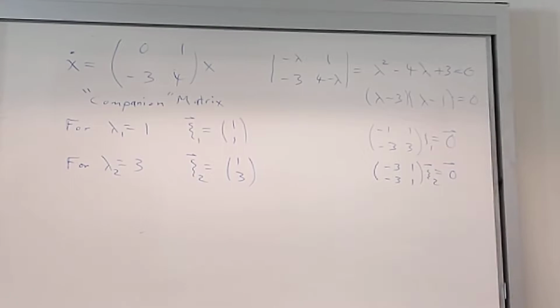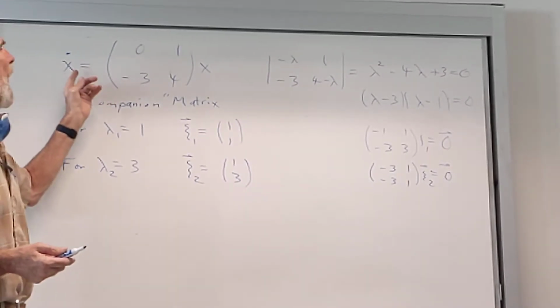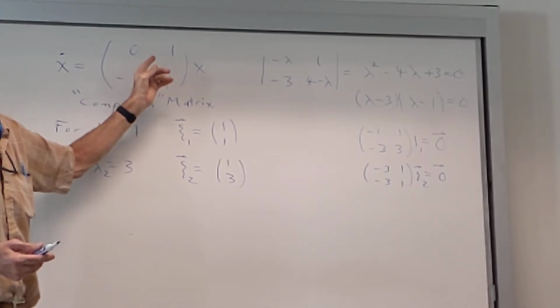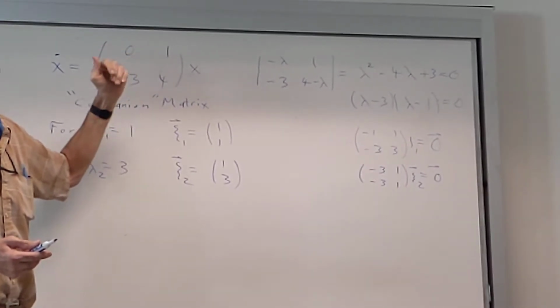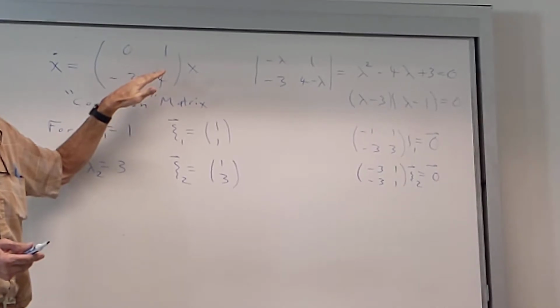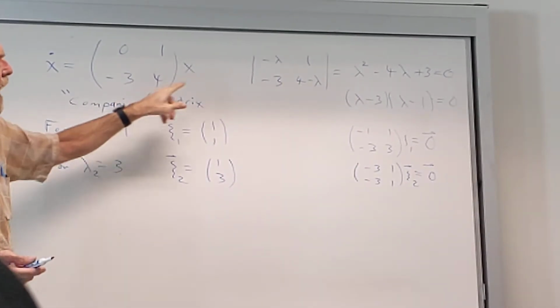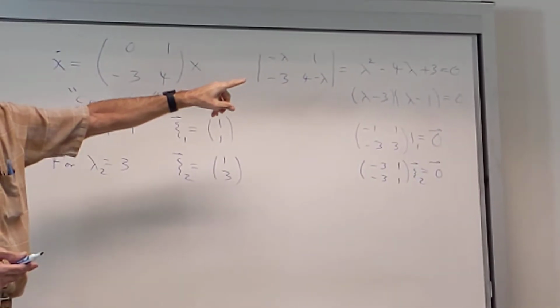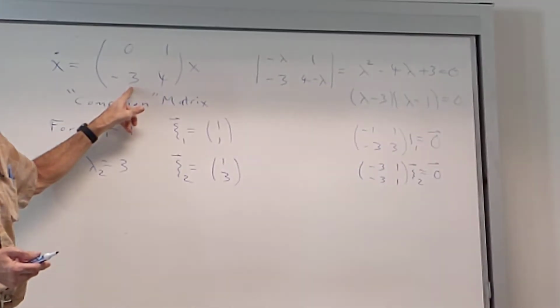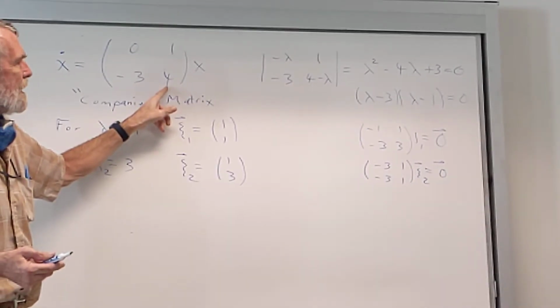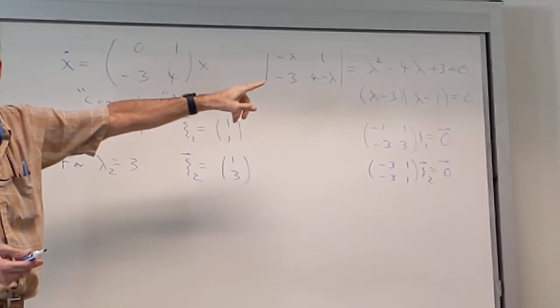So we're basically saying that x1 dot equals x2, and then we can transform this into x1 double dot. Notice how these coefficients relate to the characteristic equation. That's the negative of the constant term, and that's the negative of the midterm there.